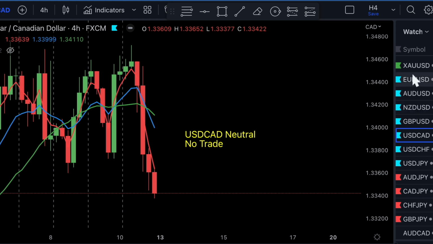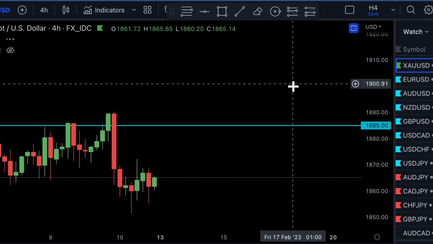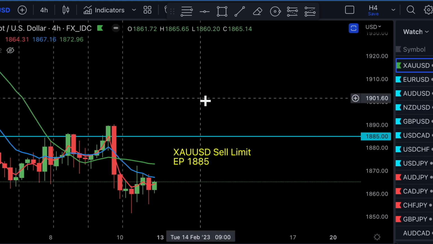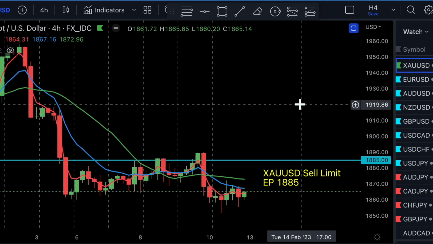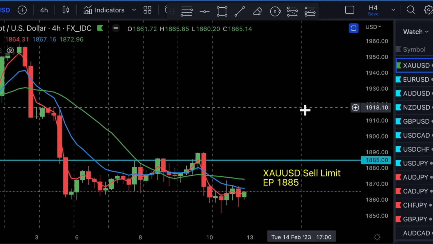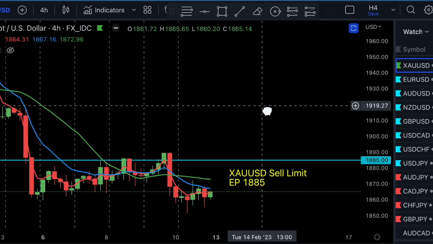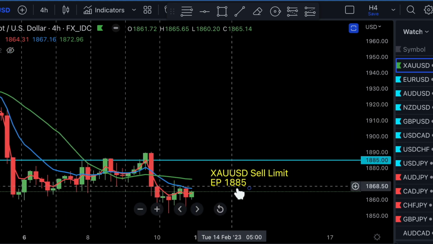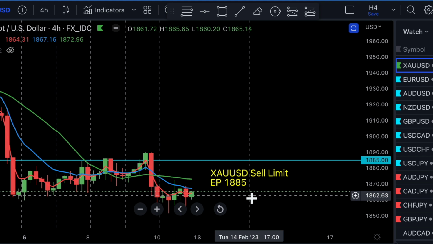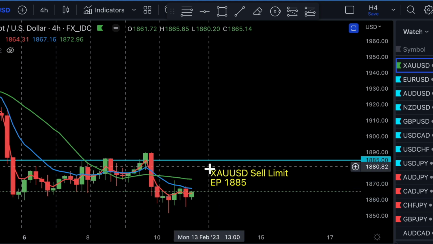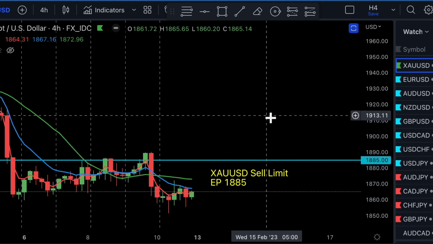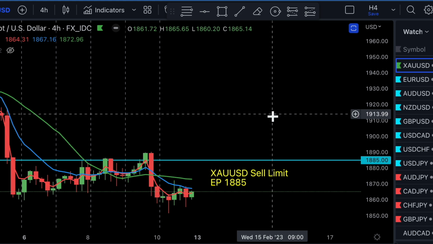And then finally, to finish off with everyone's favorite, gold. Okay, gold has turned bearish. We can see that easily on the 4-hour chart. It's also bearish on the day chart. And so I have a sell limit with the entry price at 1885. So it needs to retrace, pull back up to this resistance line here at 1885, and then a sell order will execute.